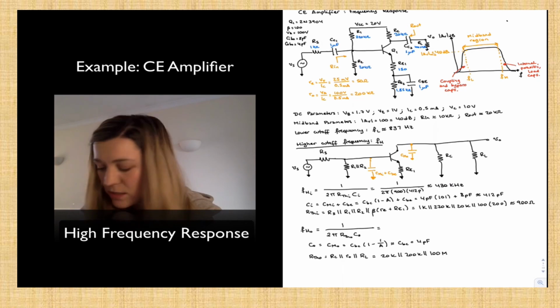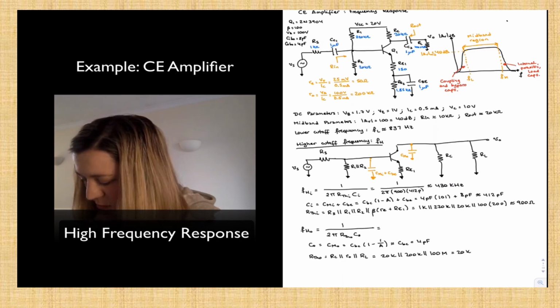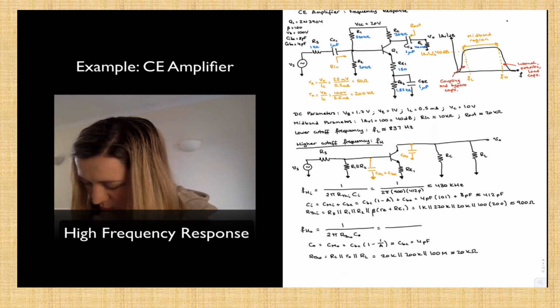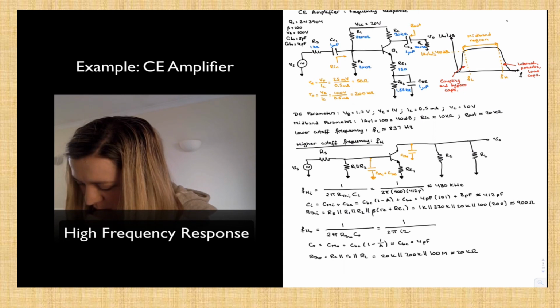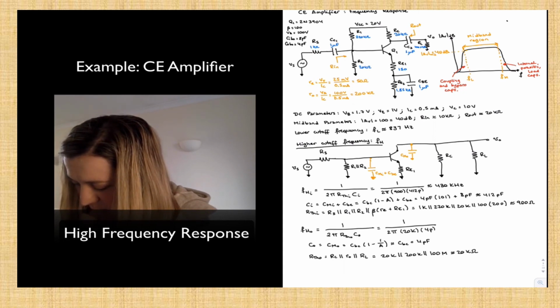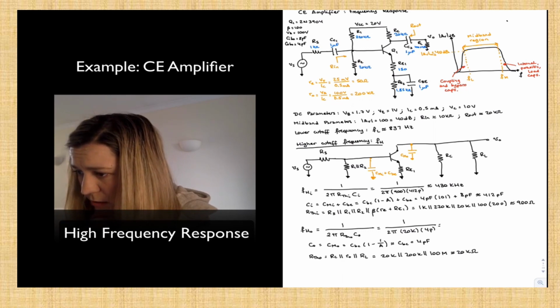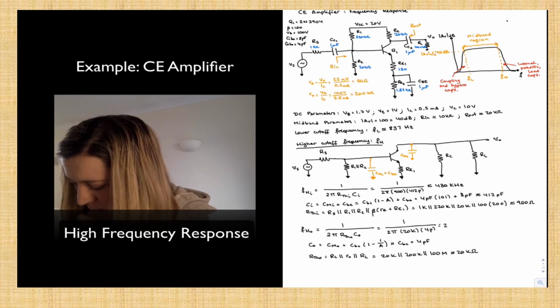We can see that RC is going to dominate that parallel combination, so that's approximately equal to 20 kilo ohms. So 1 over 2 pi times 20K times 4 picofarads yields approximately 2.48 megahertz.